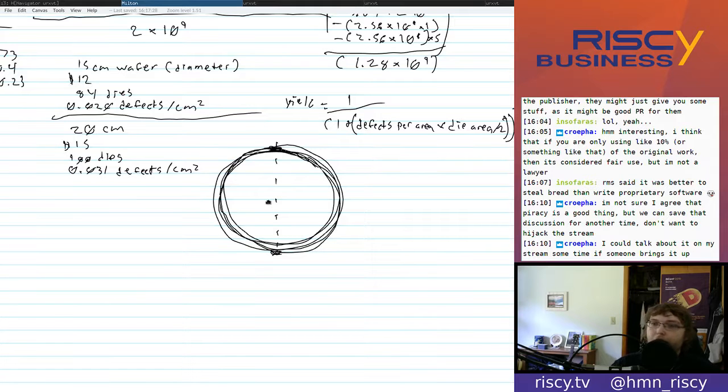And I wonder, it kind of depends on how you grid it too, doesn't it? Like how you decide to lay it out. Obviously there'd be an optimal way to lay the grid out to get the most complete dies out of it.